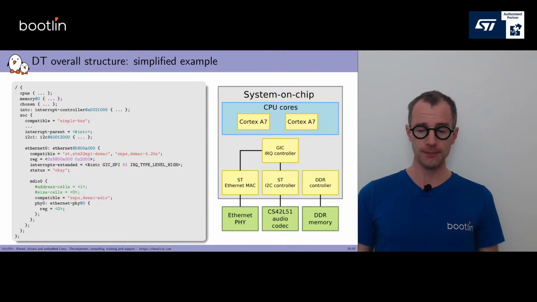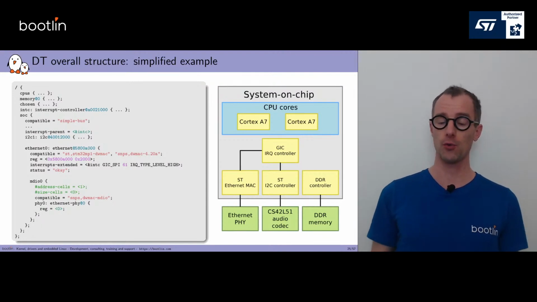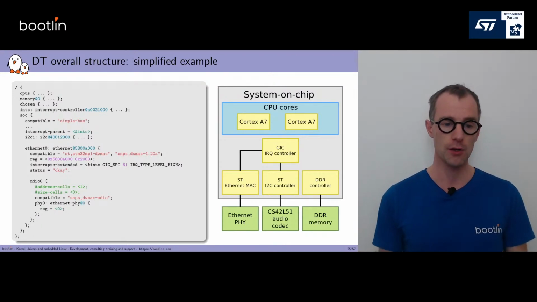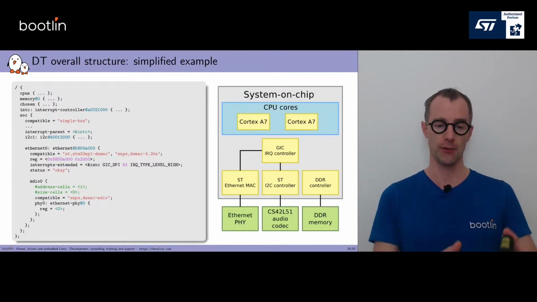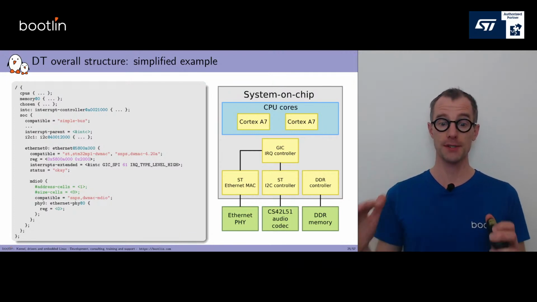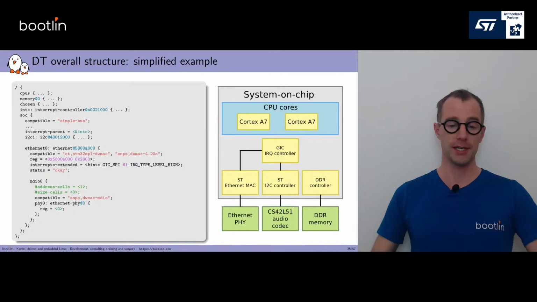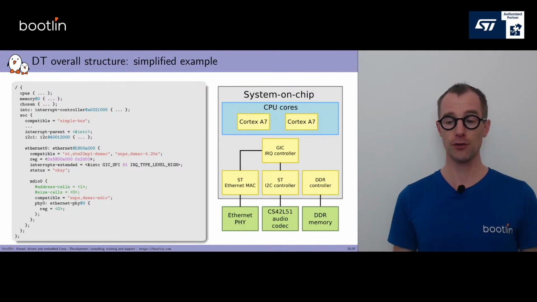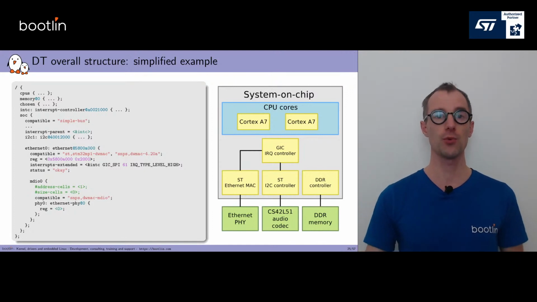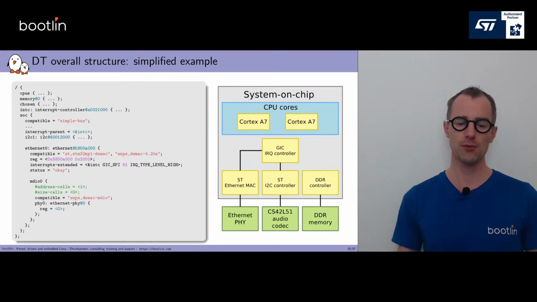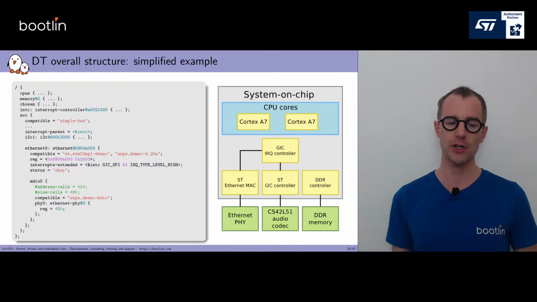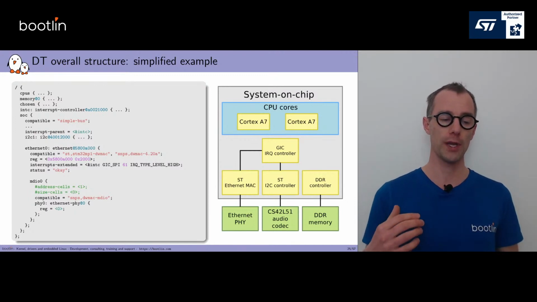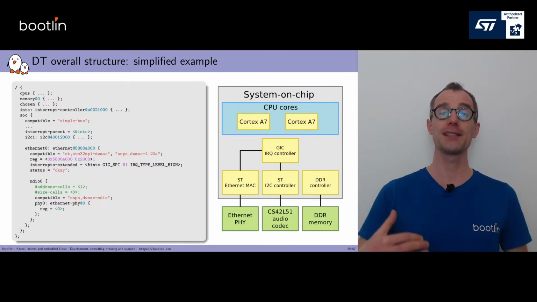Moving on, the next hardware block that we have was the Ethernet MAC. So we have another node that I've unfolded here, which describes this Ethernet controller, which has different properties describing various aspects of this IP block. And connected to it, outside of the system on chip, we have the Ethernet PHY. And this is represented in a slightly more complex fashion here, in the sense that as a subnode, we first have an MDIO node.